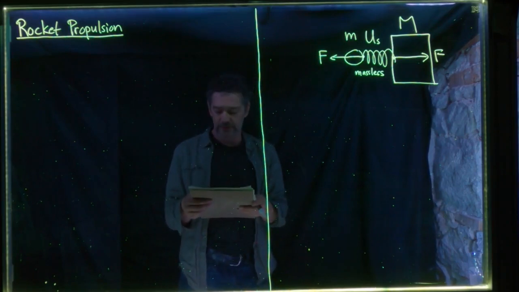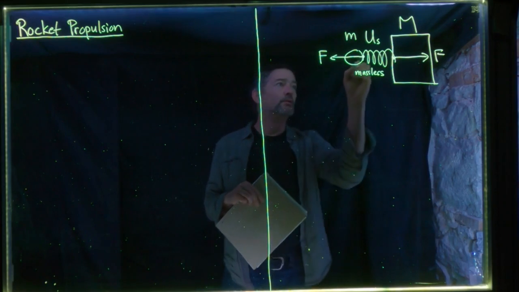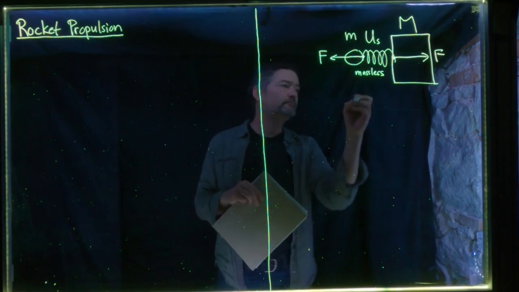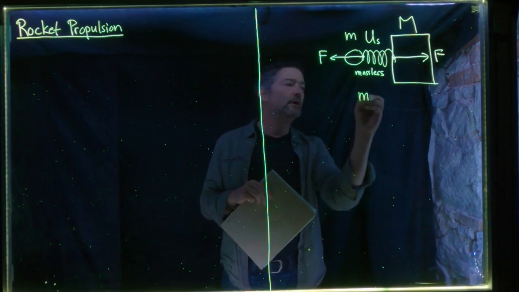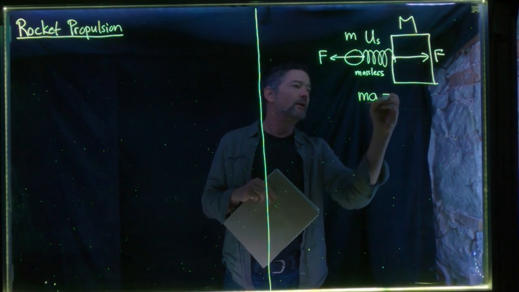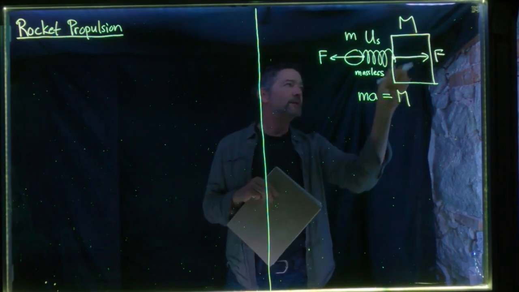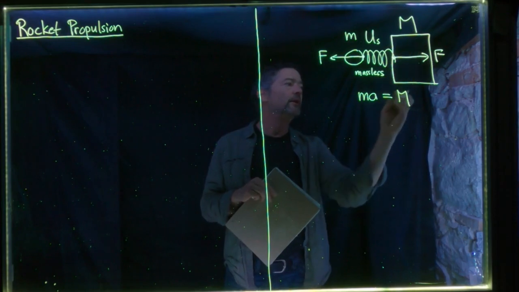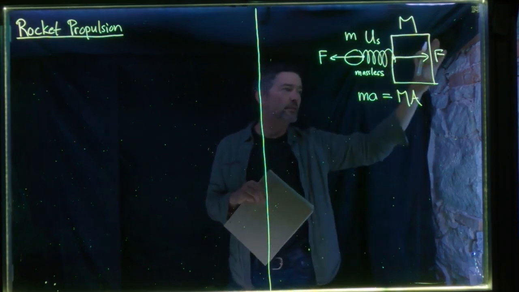So we have that force. Those forces are equal. We know that F equals ma, so this force will equal the mass of the cannonball times the acceleration of the cannonball to the left. And that must equal this force, which is equal to the mass of the boat and the rest of the cannonballs, times the acceleration, call it capital A, of the boat and the cannonballs to the right.